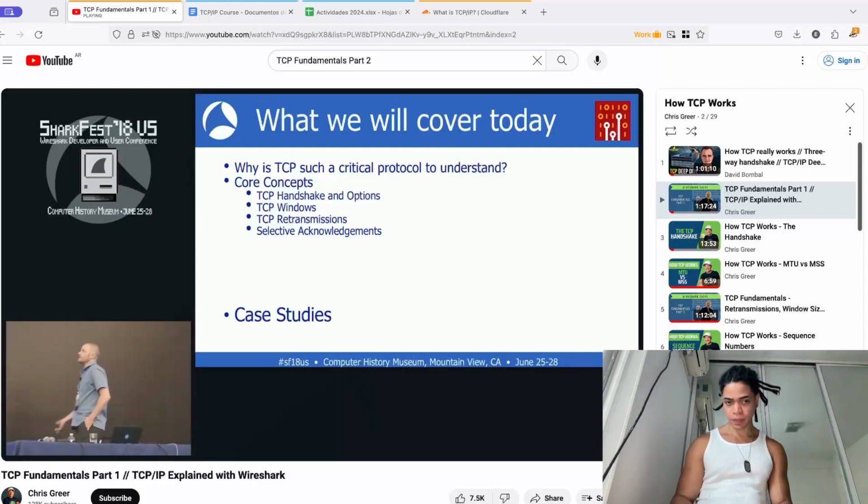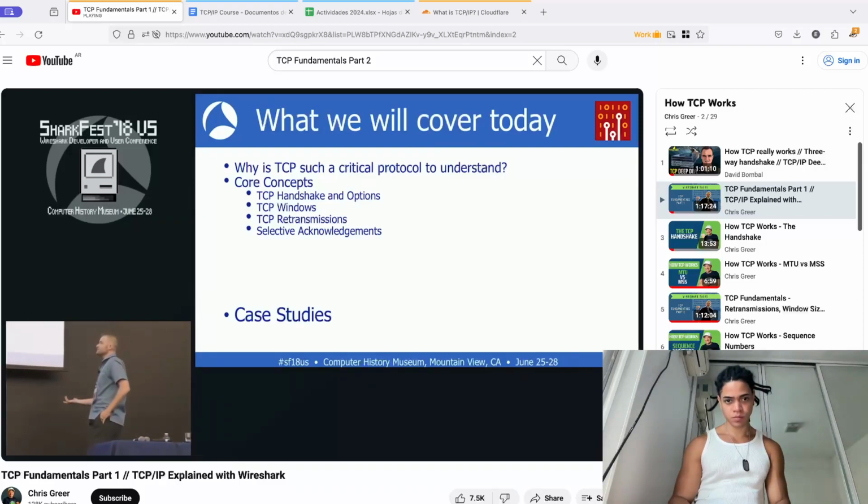Okay, why learn TCP? Especially with Wireshark. So we're going to be talking about the handshake options.